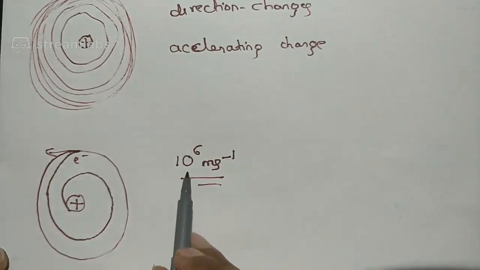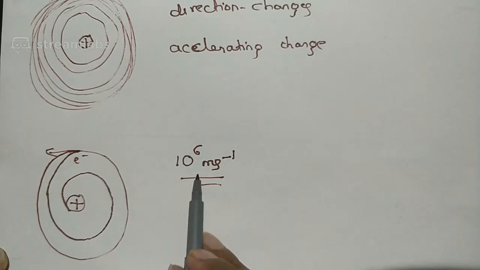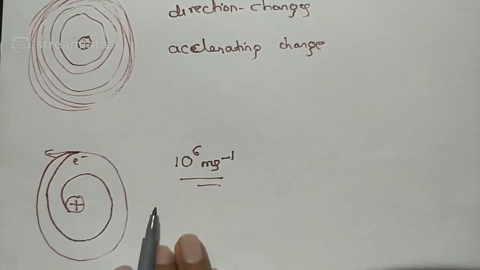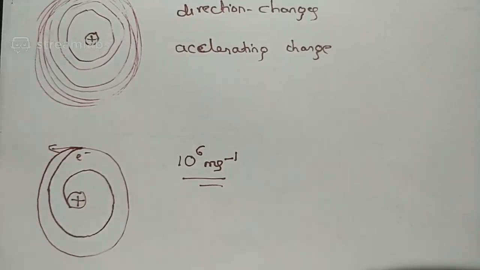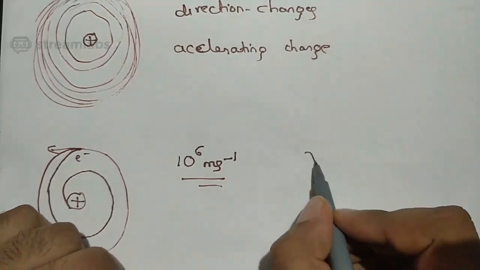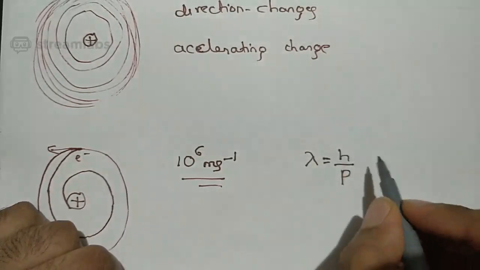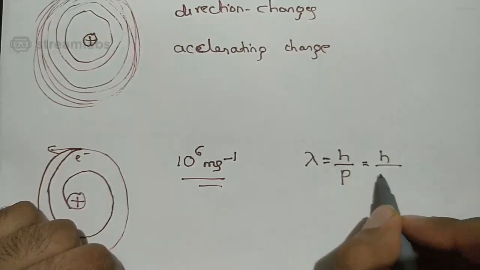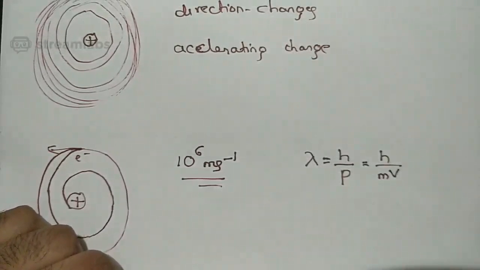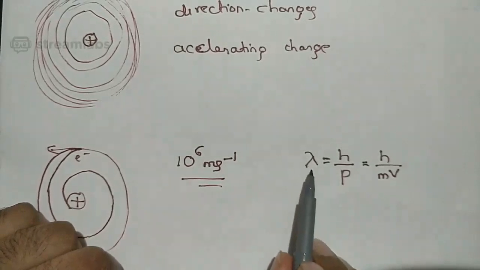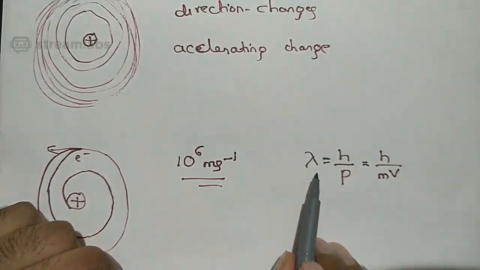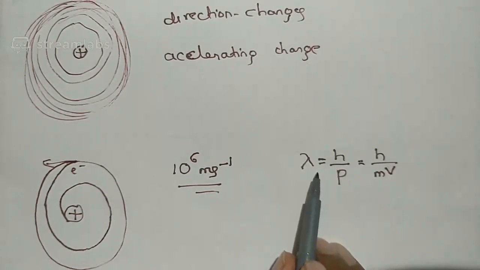Since the speed of the electron is 10 to the power 6 meter per second, we need to consider the waves associated with the electron. In the last chapter, dual nature of matter and radiation, the matter wave wavelength lambda equals h by p, which is also h by mass into velocity. As wavelength becomes larger and larger, the wave nature is not significant.